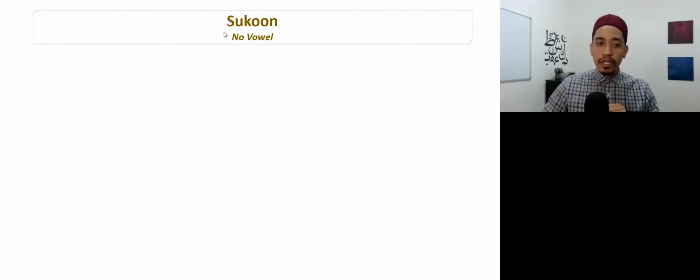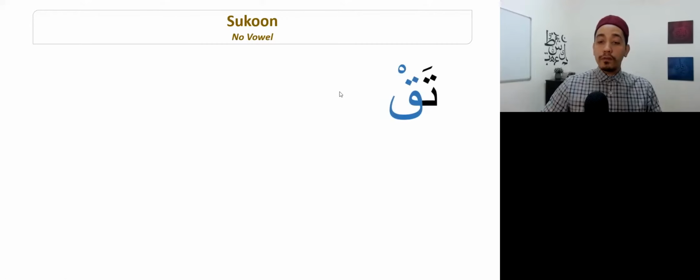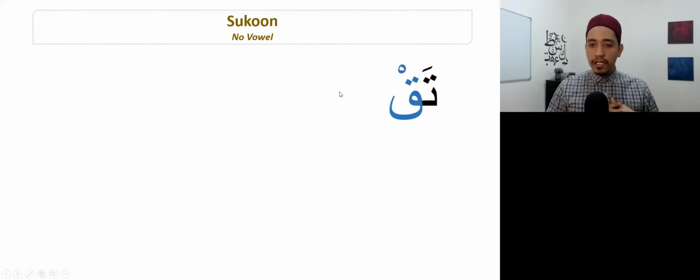Okay, with the sukoon, now this is where it becomes interesting. If you take this example, the Qaaf with the sukoon is going to be taq. That's how, in theory, it would be pronounced.